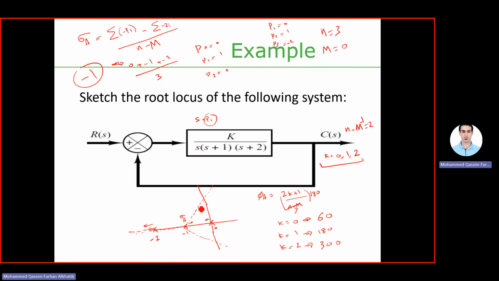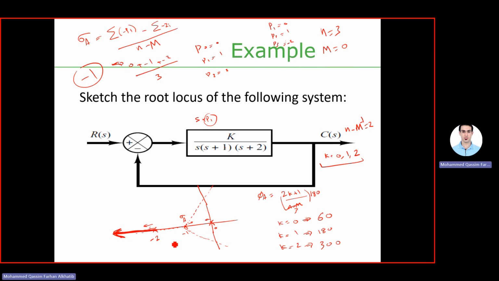This one here automatically is associated with this asymptote. So this pole I know will be going this way. So that's actually the first line of interest. That's the movement of the -2.